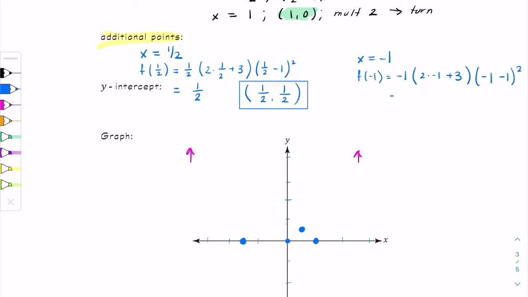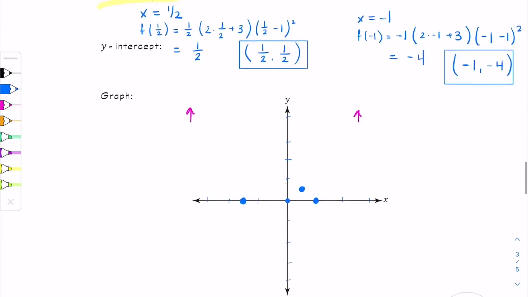When I type this into my calculator, I have an output of -4. This is going to be an ordered pair at -1, -4. So I'm plotting a new point at -1, -4.